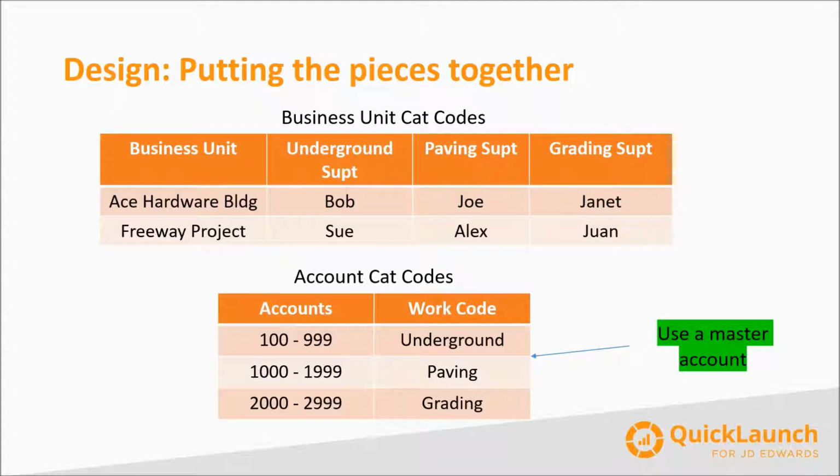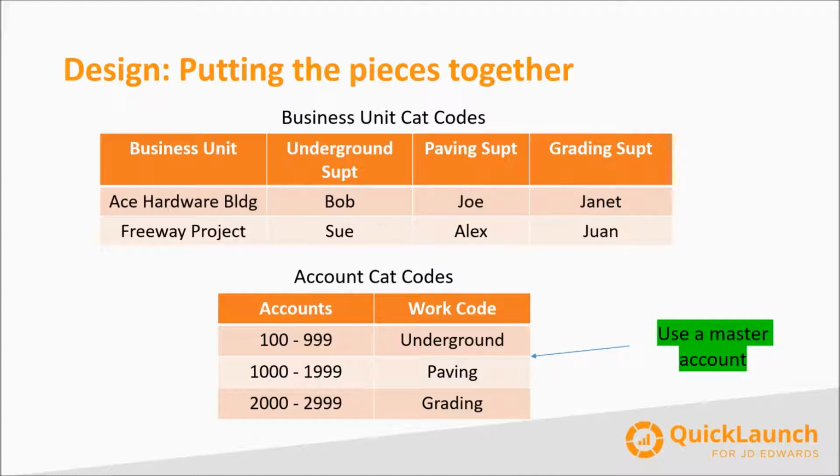One of the things I would mention, if you're going to do account cat codes, we recommend using the account master, not trying to keep track of the account codes at every account. Obviously, as business units expand, your 901 file gets big, and managing all the details of account codes at each individual account level is tough.